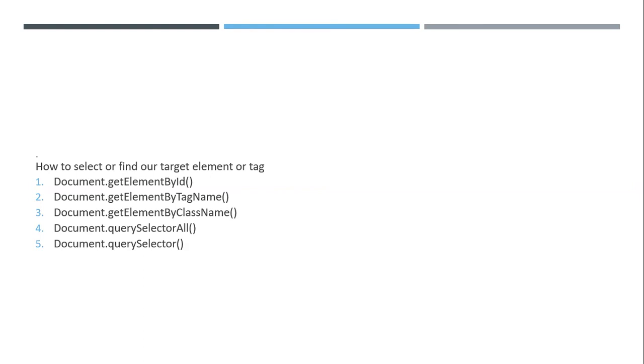Also, we have a short form of the select mechanism or syntax: document query selector all and document query selector. These are the ways we select something, to modify it, style it, or do something with it. Therefore, these are very important things you have to know before we learn JavaScript.